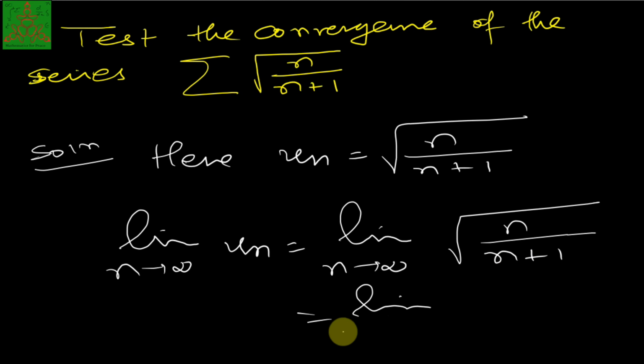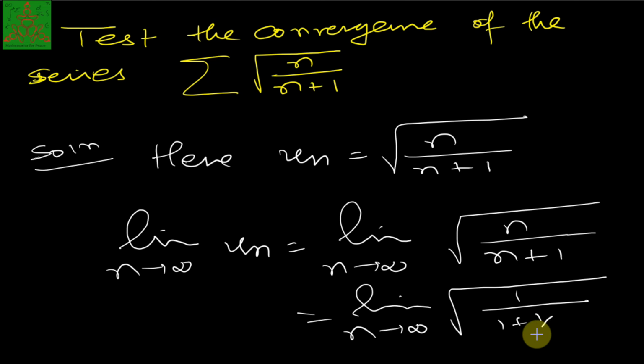If I divide by n in the numerator and the denominator, we have 1 upon 1 plus 1 by n. As n tends to infinity, 1 by n tends to 0. So this gives me 1, which is non-zero. Since it is non-zero, we can say that the series is non-convergent.